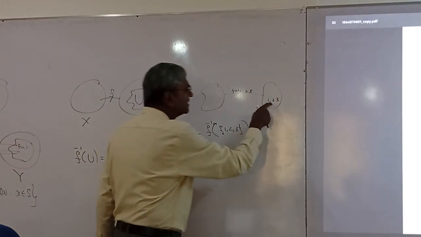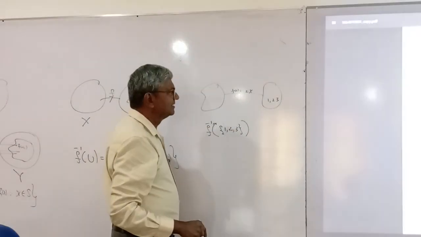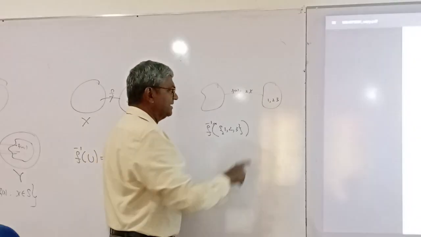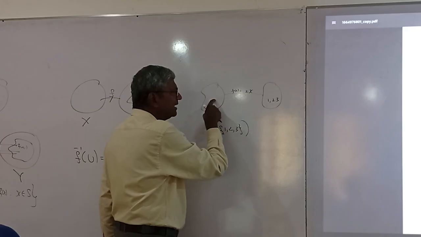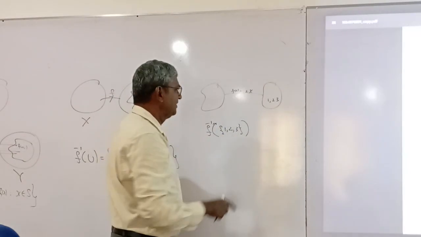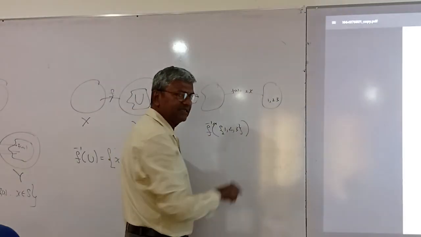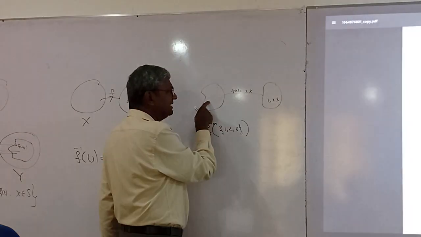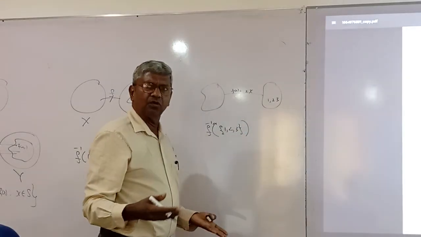So you are going to check which elements from here match to the elements here. f(x) equals 2x. Is there an element here which, when you multiply by 2, the answer will be 1? No. Is there an element here which, when you multiply by 2, is 1 or 2 or 3?